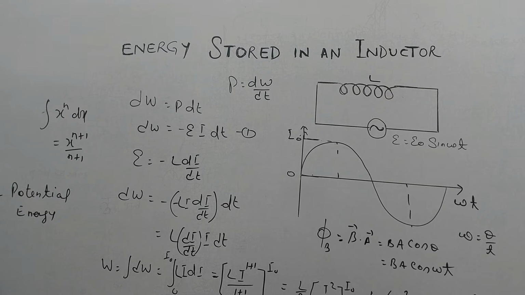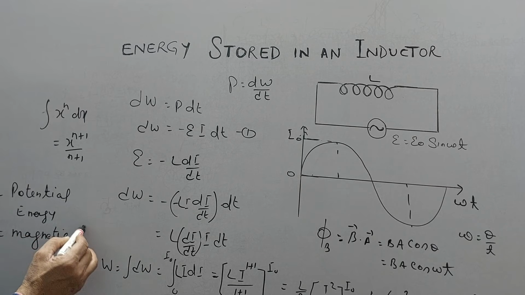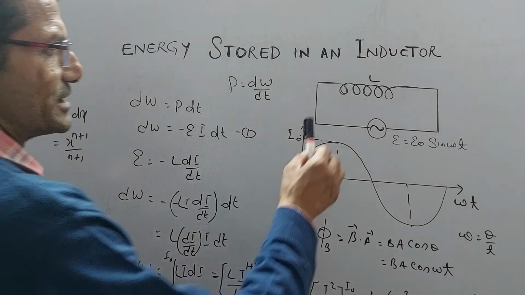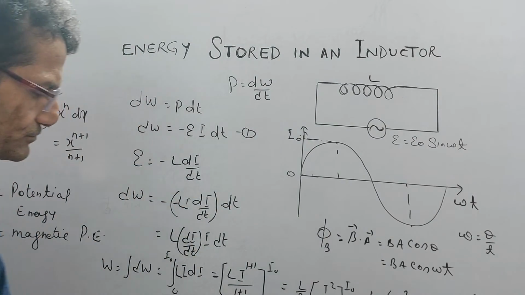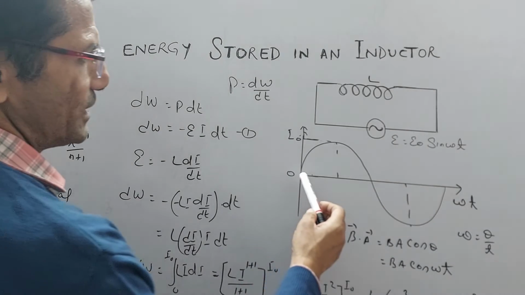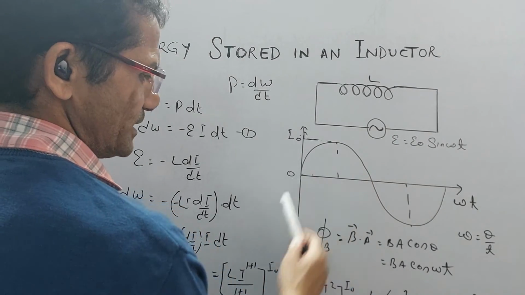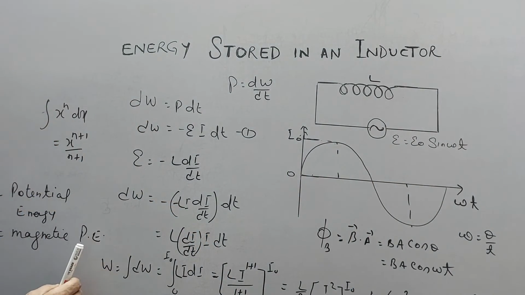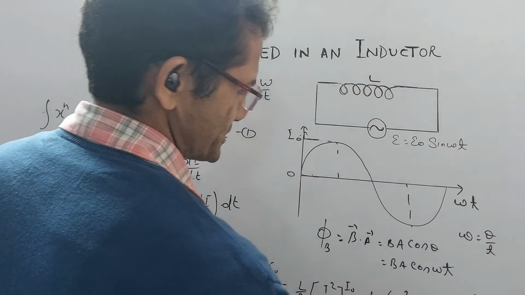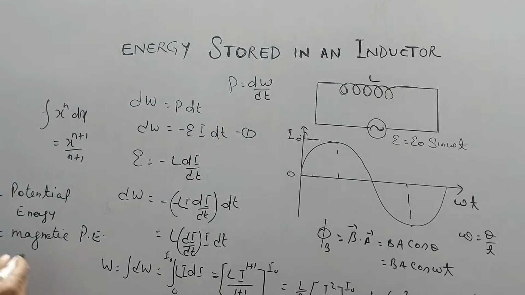We can say this is the magnetic potential energy, because this energy is finally stored in the magnetic field of this inductor. So from 0 to maximum, this much energy is stored in the magnetic field.